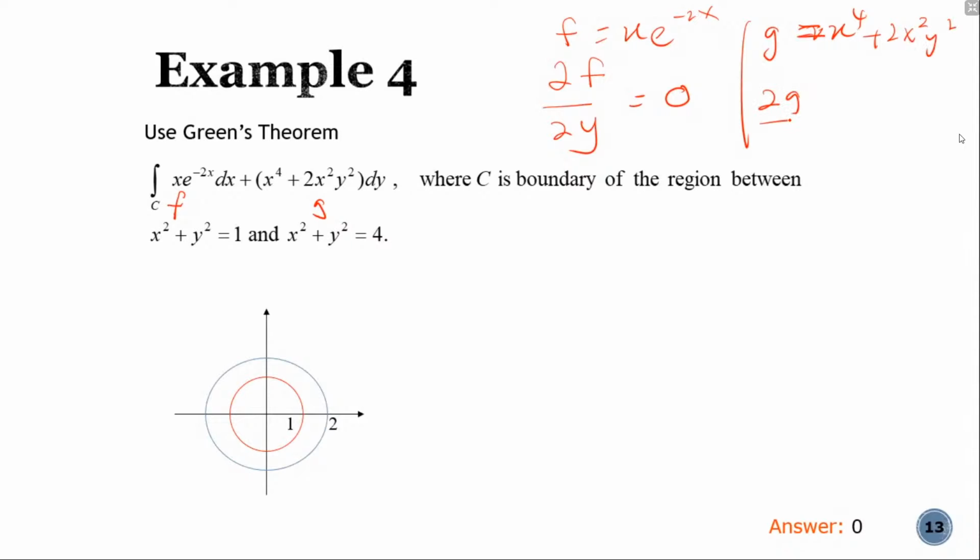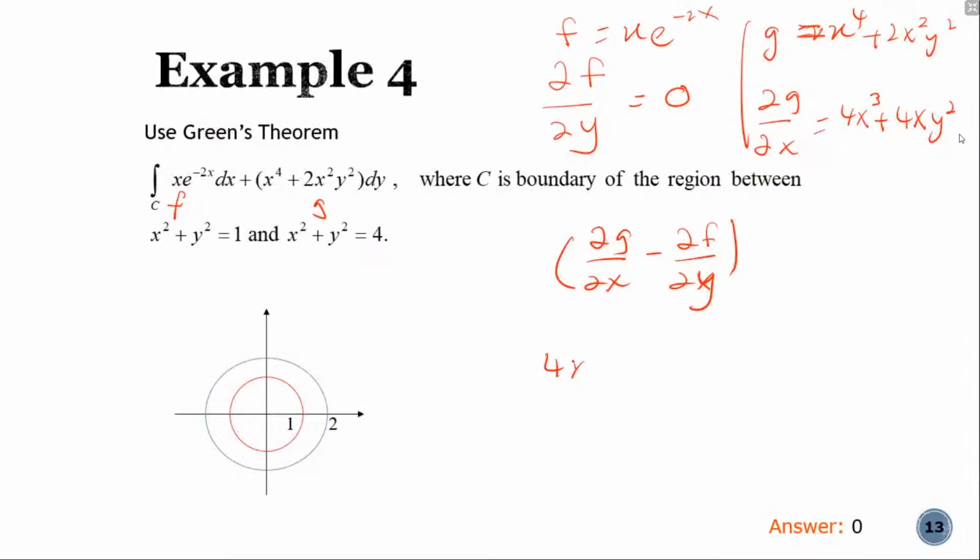G need to differentiate with respect to x. So you should have 4x cubed plus 4xy squared. And from here, you put dg/dx minus differentiate f with respect to y. So what you should get from here is 4x cubed plus 4xy squared.